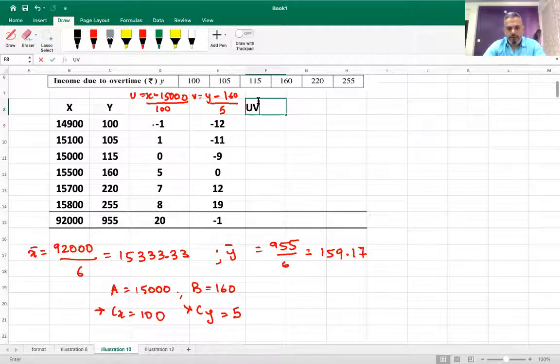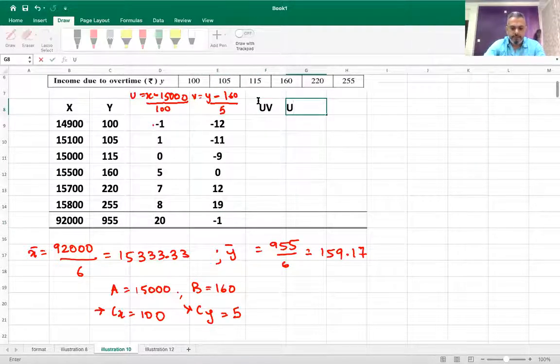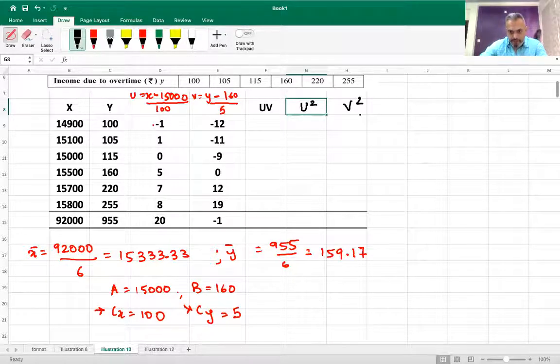Now, u into v, u square, I'll write it for you, and v square. So let's find out u into v.